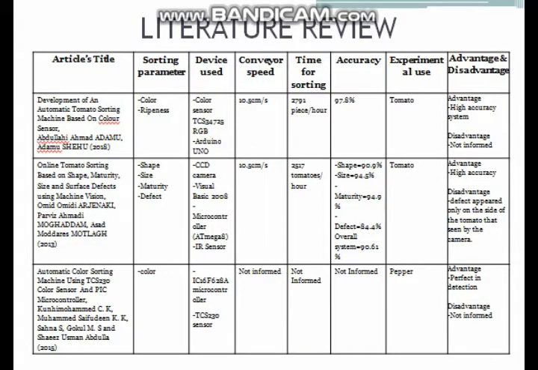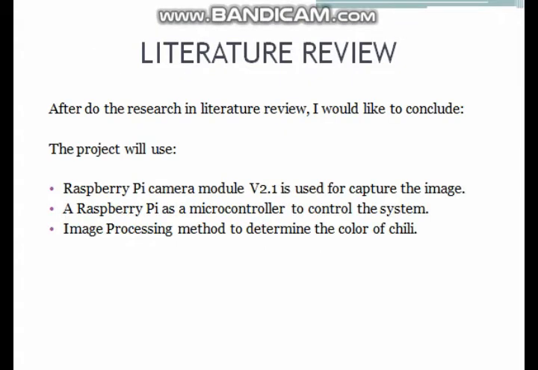This is the summary of my literature review. The summarization of the articles that I have read is based on its sorting parameter, device used, conveyor speed, time for sorting, accuracy, experimental use, and the advantage and disadvantage.